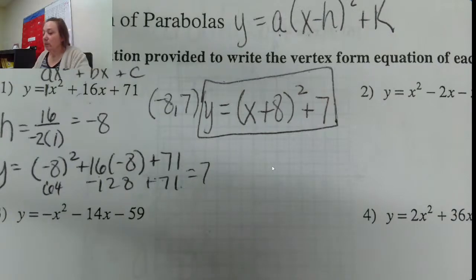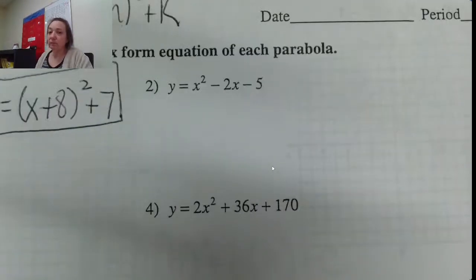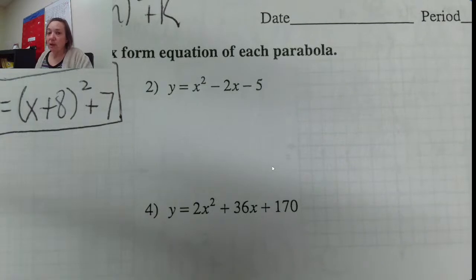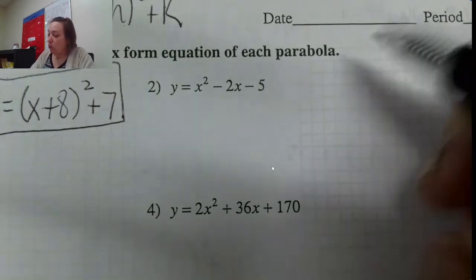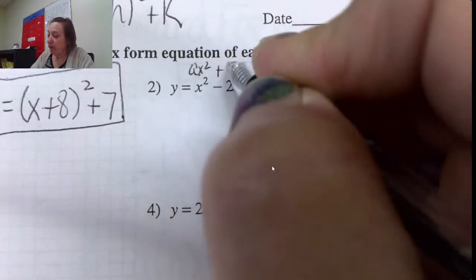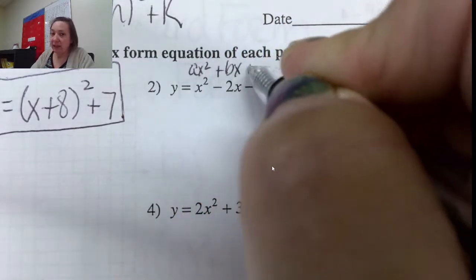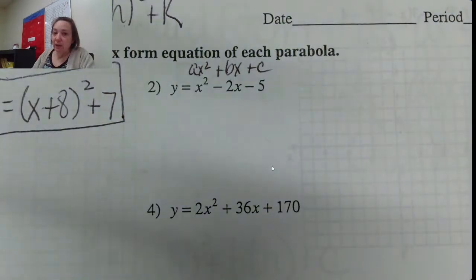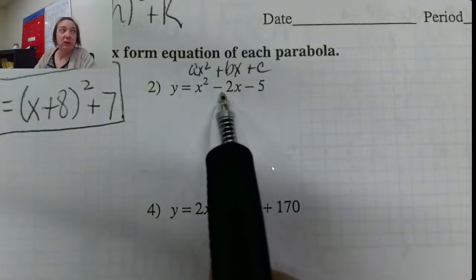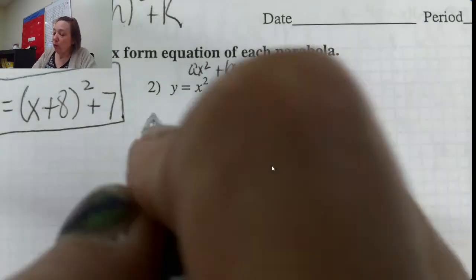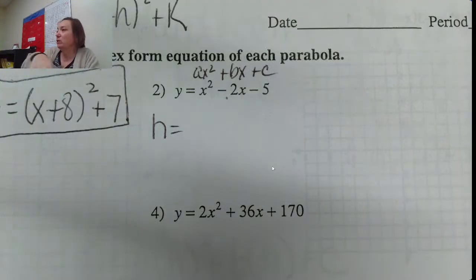All right, number 2. Let's do number 2 together. So on number 2, remember we have ax squared plus bx plus c. What's our a value? What's our b value? What's our c value? Negative 5. By the way, our b value is negative 2. I know you corrected yourself, but I wasn't sure they could hear it.